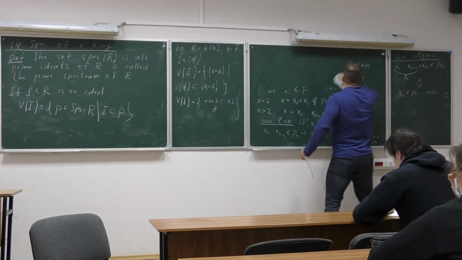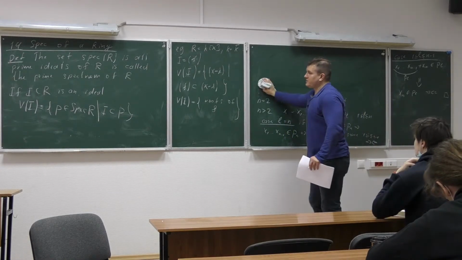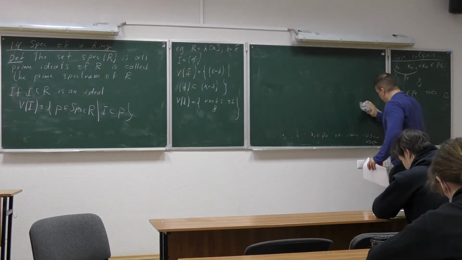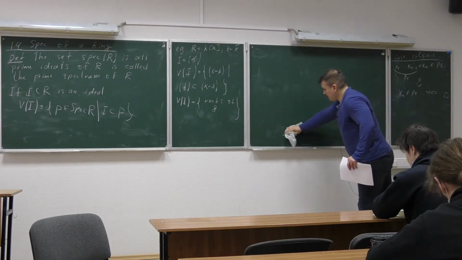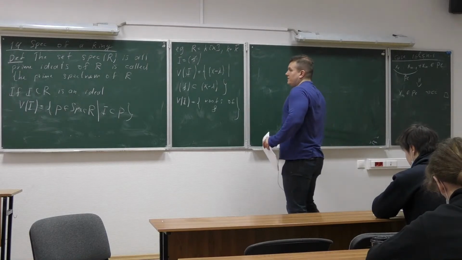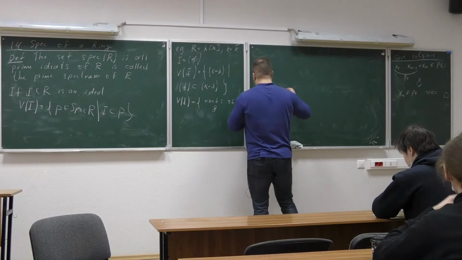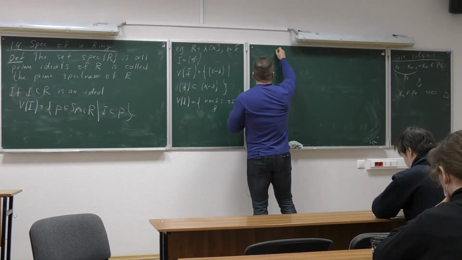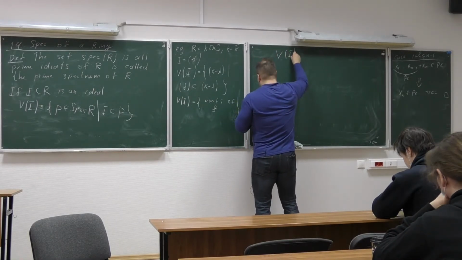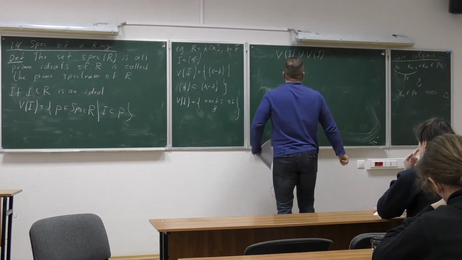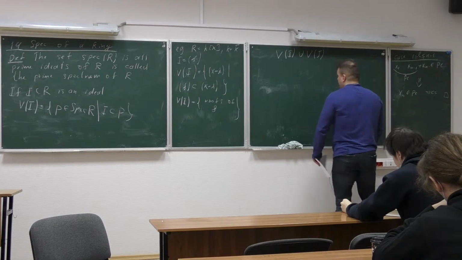Now I want to define a topology in such a way that this V of I are closed subsets. And for this we need properties that, first of all, if I take the union of two, now this is again of the form V of something.